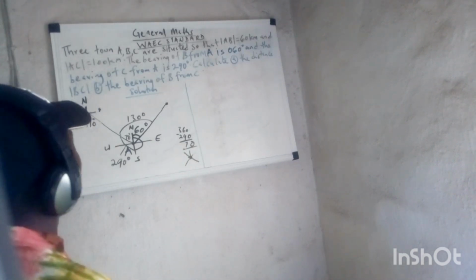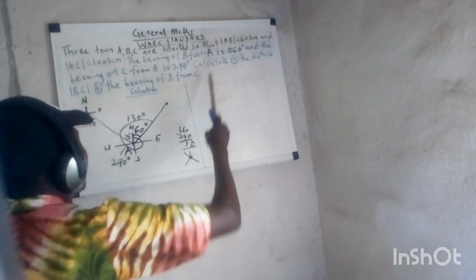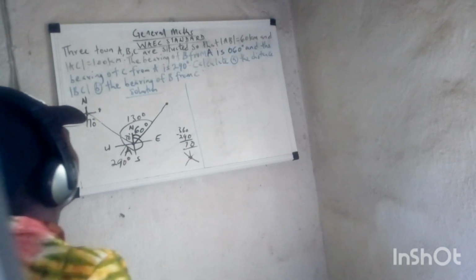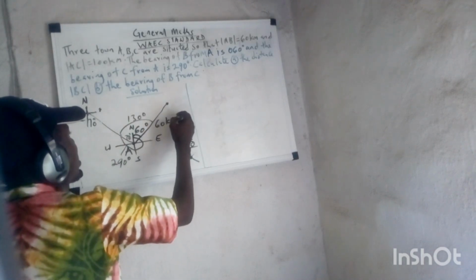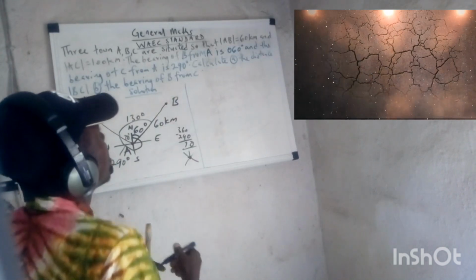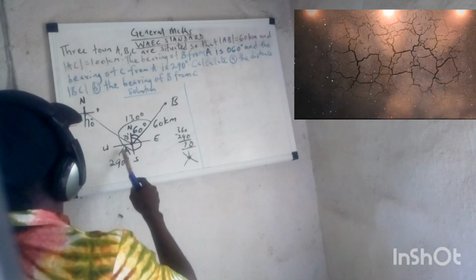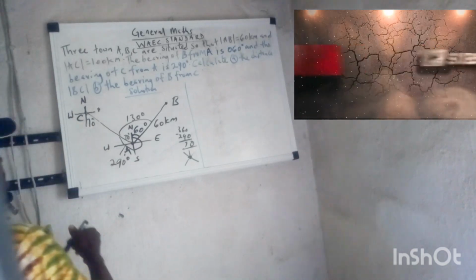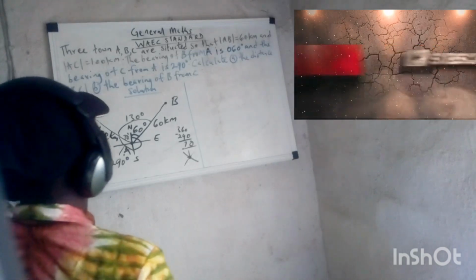Now they said that line AB is 60 kilometers. This is AB, 60 kilometers, and line AC is 100 kilometers.